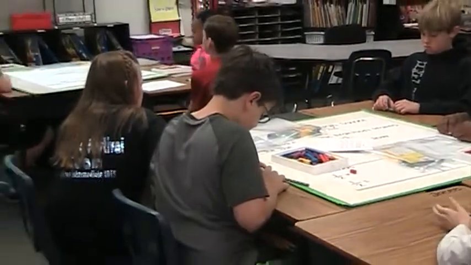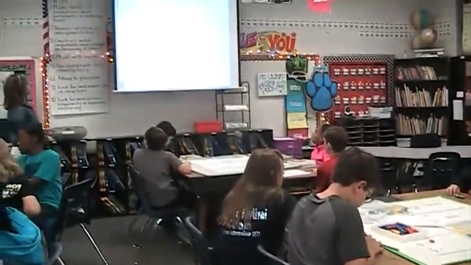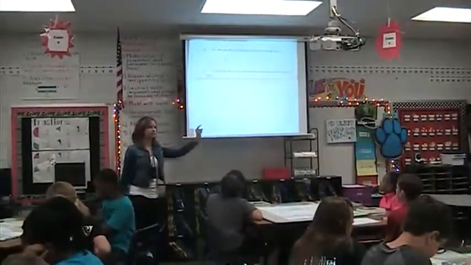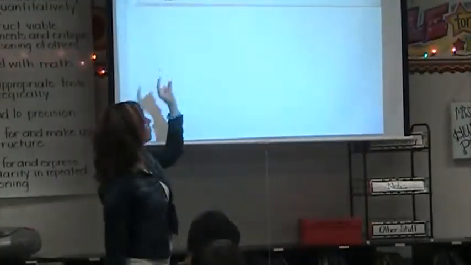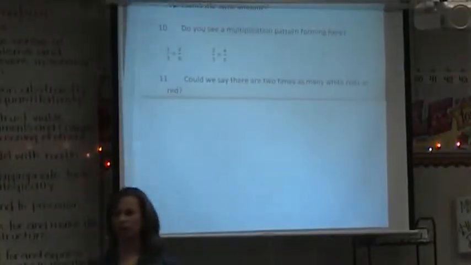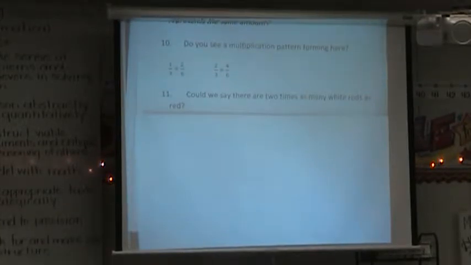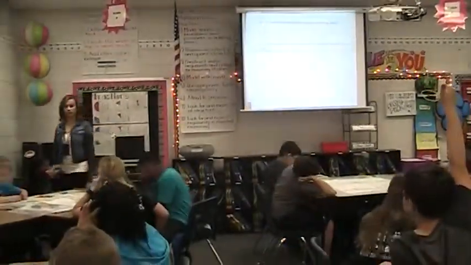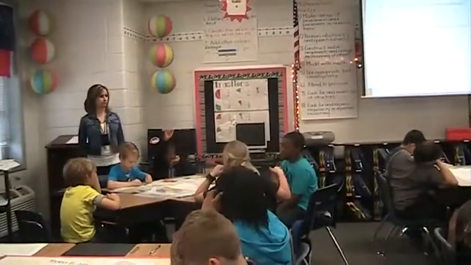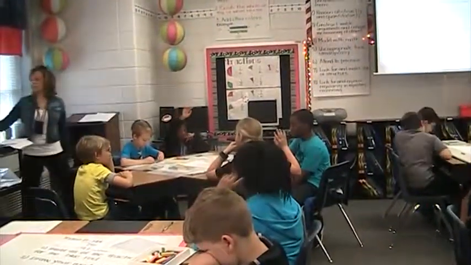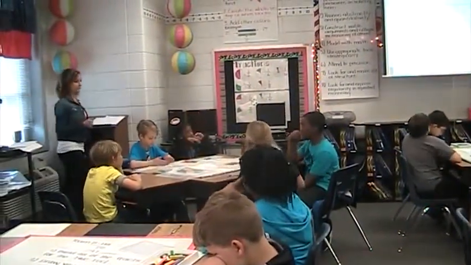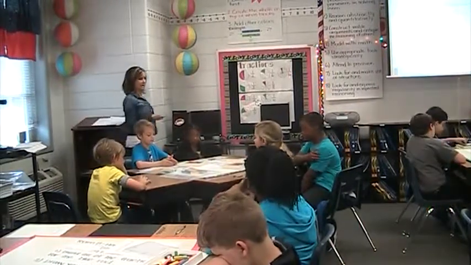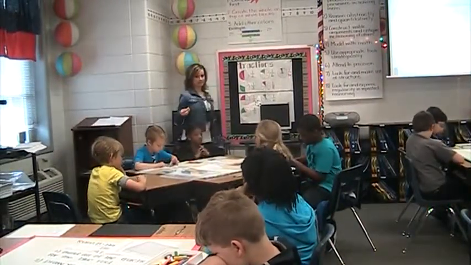Could we say there are 2 times as many white rods as red? Count your white rods. Count your red rods. That's a tongue twister. Could we say there are 2 times more white than red? Do you see that? There are 3 red rods, correct? 3 times 2 would be 6.